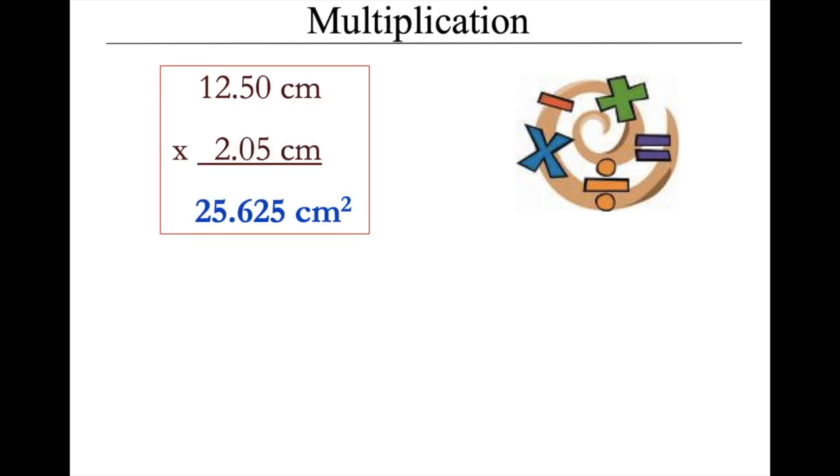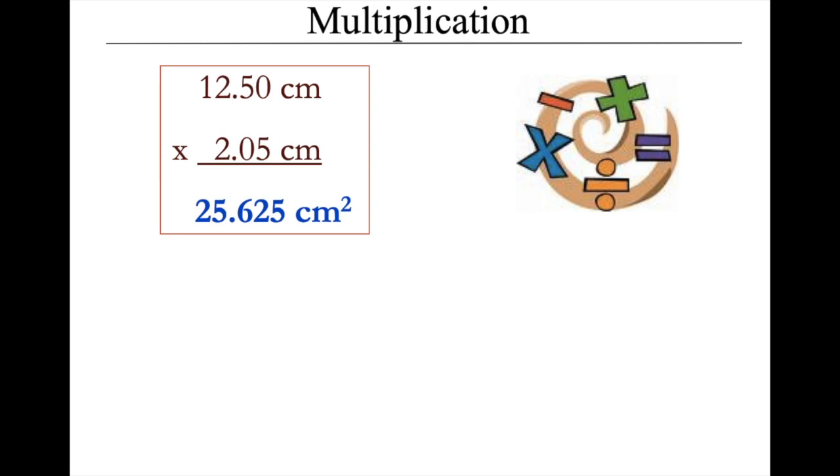All right, first a multiplication example. Here we've taken 2 measurements, 12.50 and 2.05 centimeters, and we've multiplied them together. And the result of that is 25.625 centimeters squared. The question is, how many significant figures should we report our answer to?